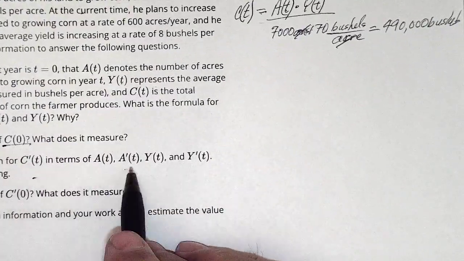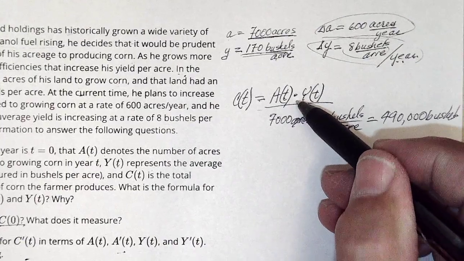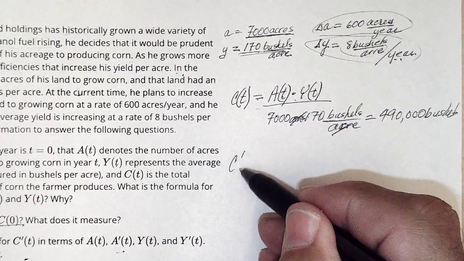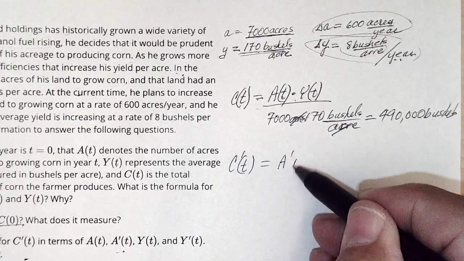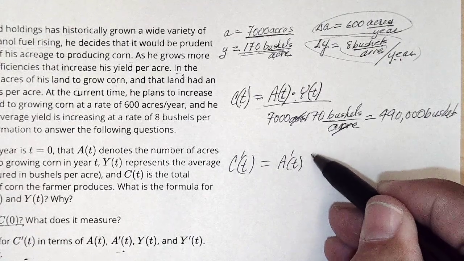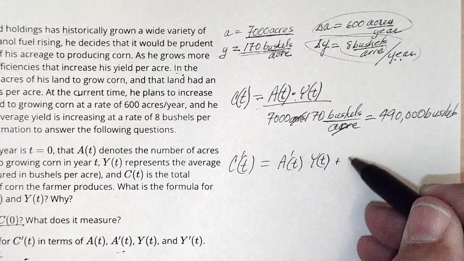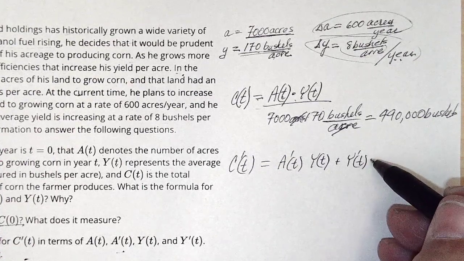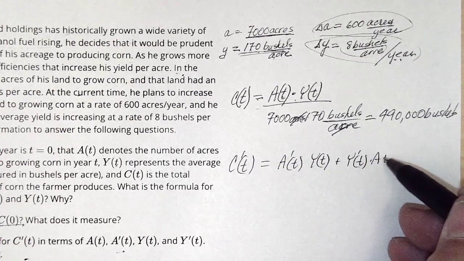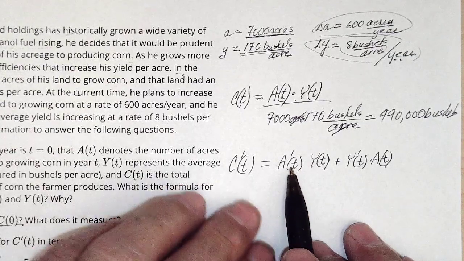Now, what's the derivative? Well, this is a product. So C prime of t is the derivative of the first times the second plus the derivative of the second times the first. Now let's make some sense out of this.